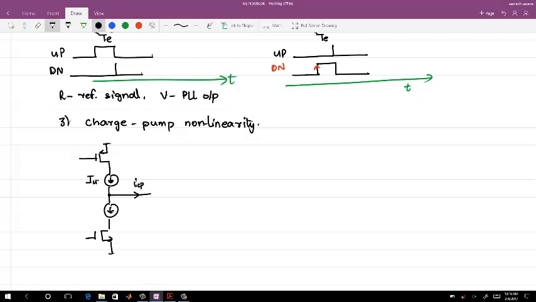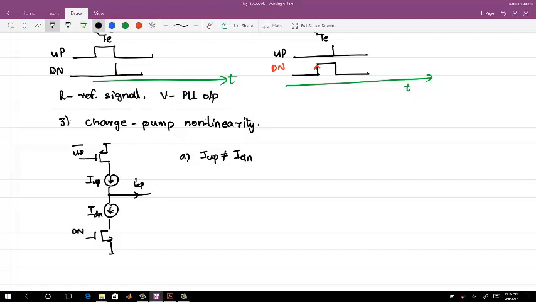So this is I up, I down, up bar and down signal. What all can go wrong here? Your I up is not equal to I down. That is one. That will inject a delta charge every time. Okay, what else?